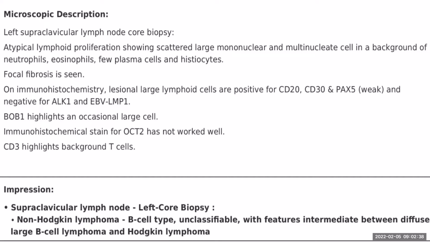CD3 highlights the background T cells, and OCT2 and BOB1 highlight occasional large cells; OCT2 has not worked well in this IHC examination. So the impression was non-Hodgkin's lymphoma, B cell type, unclassifiable, with features intermediate between DLBCL and Hodgkin's lymphoma, so likely gray zone lymphoma.